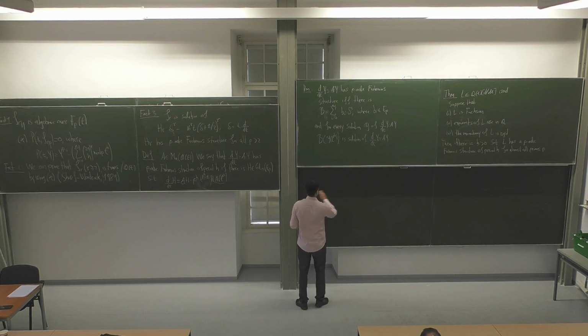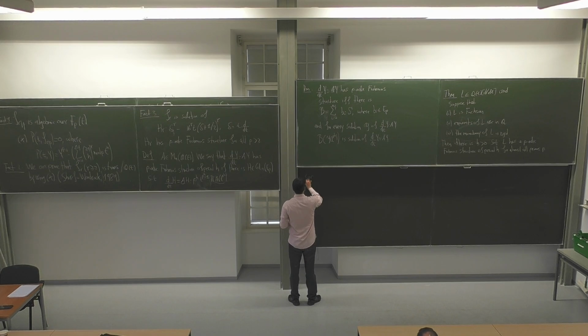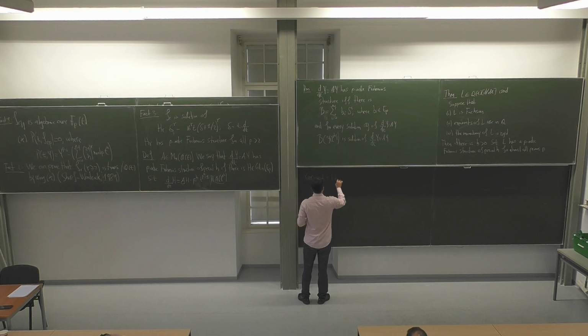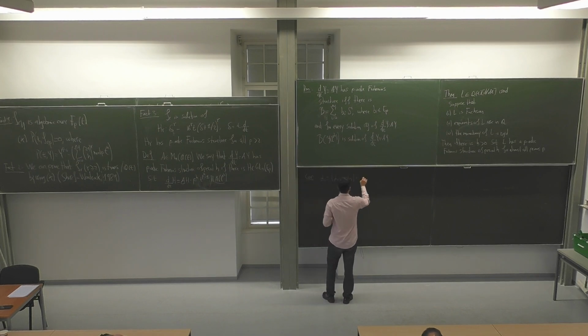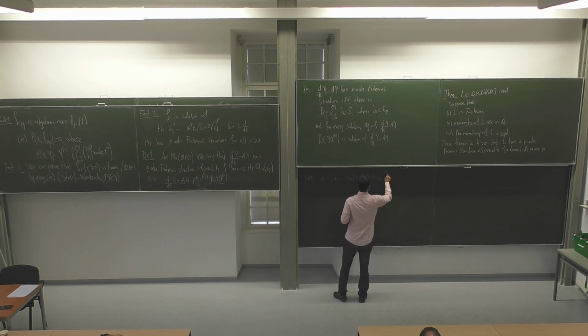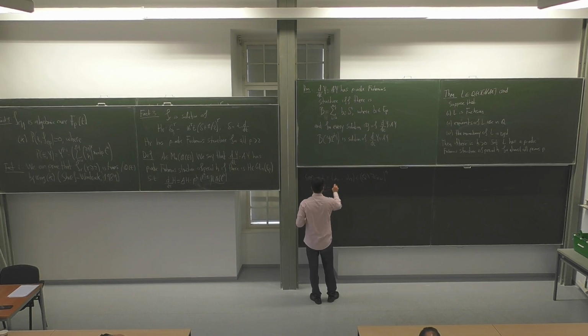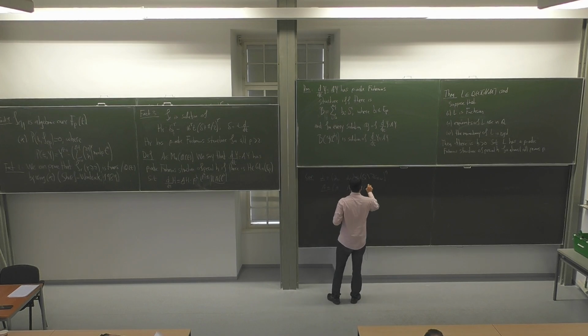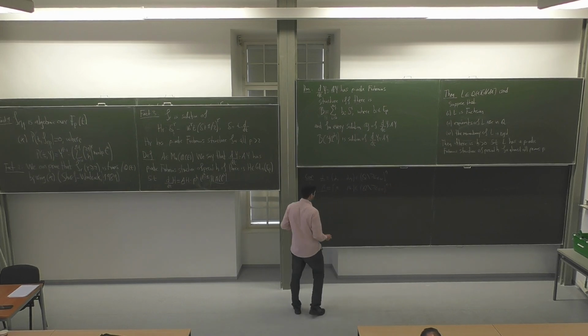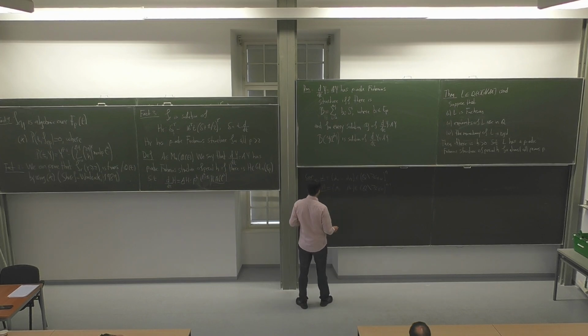So, as a corollary of this theorem, we take alpha, a vector whose entries are rational numbers which are not negative integers, and we consider another vector beta whose entries are rational numbers which are not negative integers.